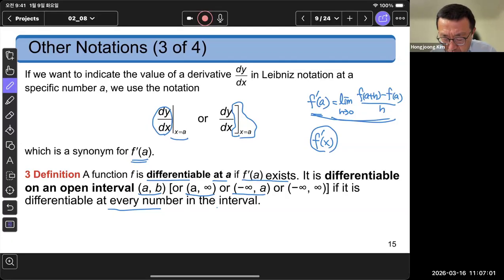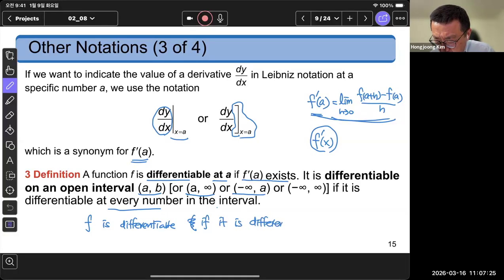Now if I just say function f is differentiable, that means it is differentiable at every number in its domain.